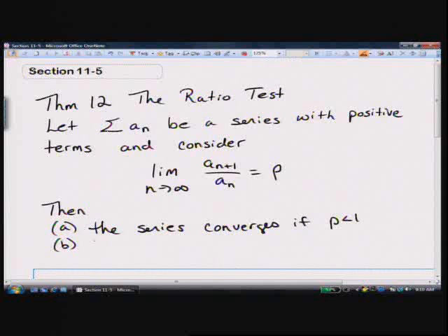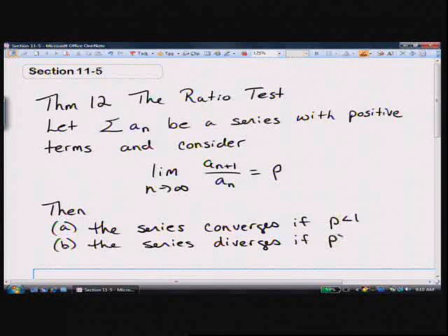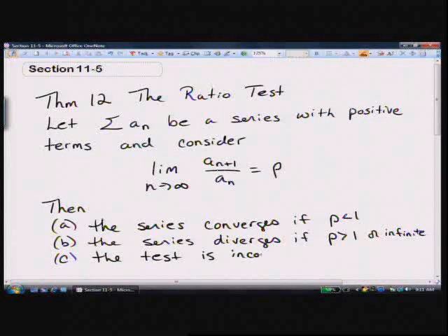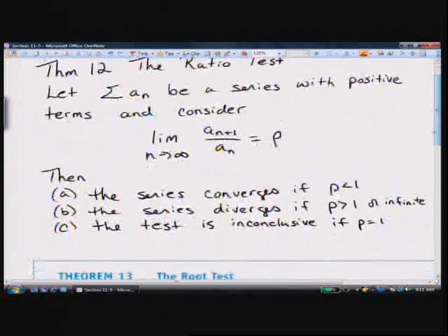The series diverges if rho is greater than 1 or infinite. And then if you get equal to 1, you have no conclusion that you can draw.